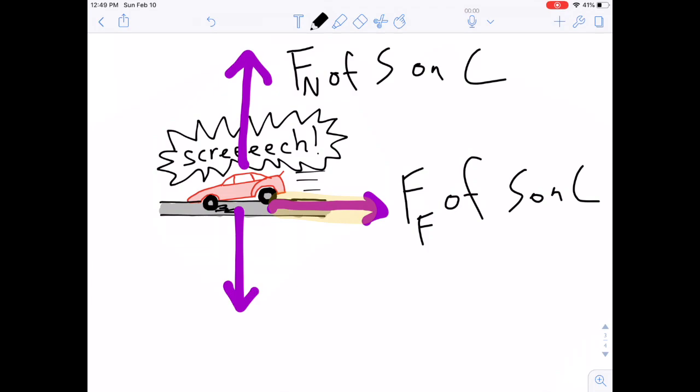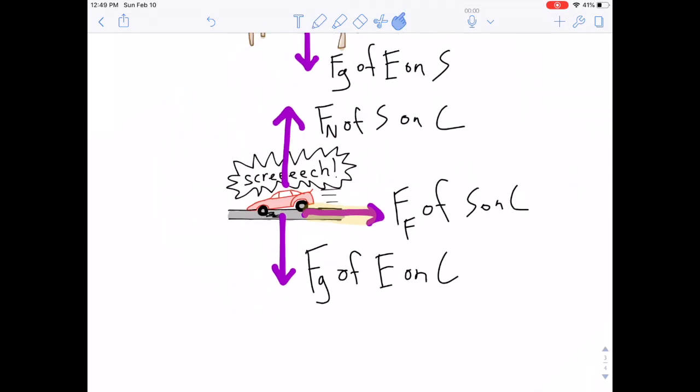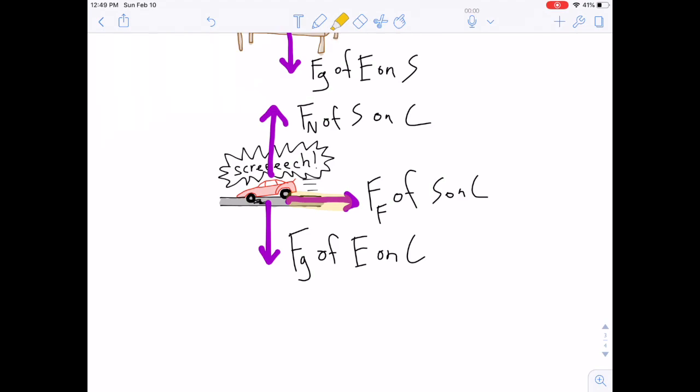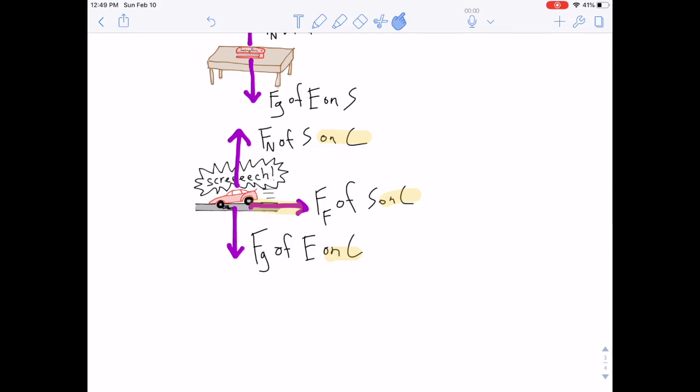And in the downward direction, we've got, you guessed it, force of gravity of the Earth on the car. So just remember, on car, on car, on car. You're always drawing the forces on that one object at any given time.